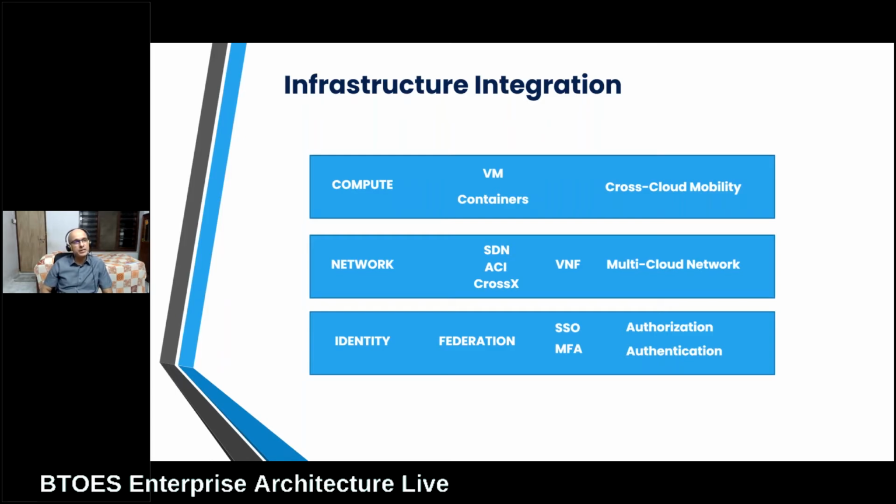When you bring in network integration, you must be familiar with concepts like software-defined network. So this virtualization of the network functions, which is VNF as I've written there, actually helps you bridge that gap between the traditional network and the modern cloud-based network. So it is a lot easier for you to integrate different clouds today as compared to earlier, because most network functions are virtualized, and it's easy to connect between clouds.